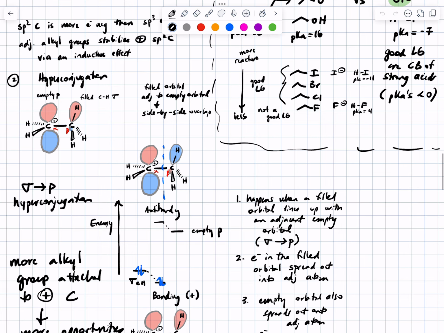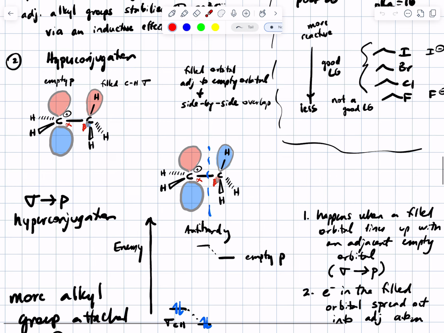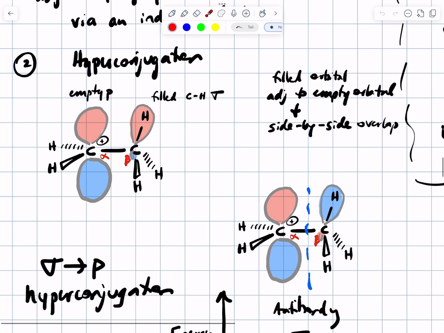When hyperconjugation occurs, and last time we talked about it in the context of an empty p orbital and an adjacent CH bond, two things happen. A filled orbital overlaps with an empty orbital. So you've got a plus combination when they're in phase, and a minus combination where they're out of phase. The plus combination looks like this, and this is what happens to the electrons in the CH bond.